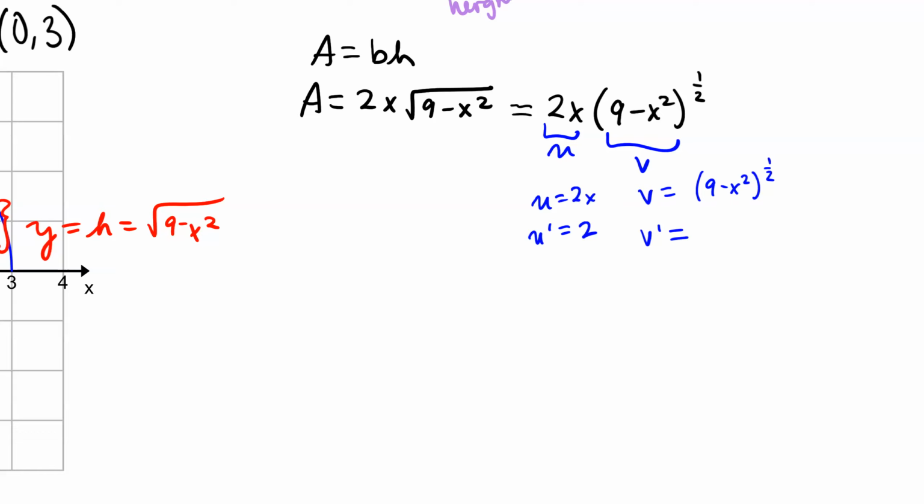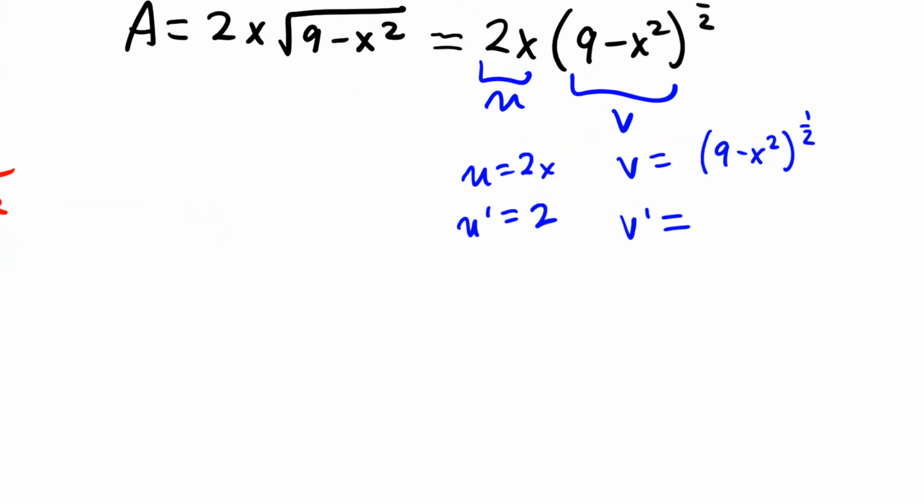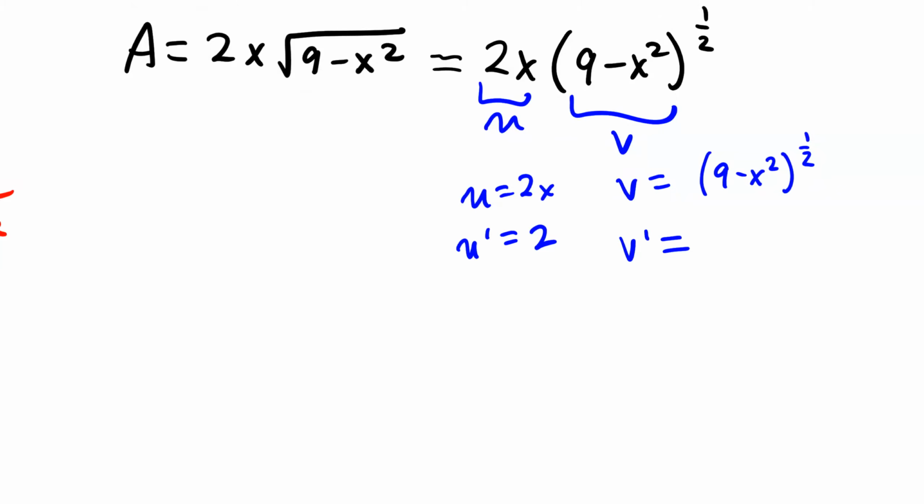I'll pause here and make sure we're all together when I'm finding v prime. Okay, so I'm going to use the power rule, bring down the 1/2, rewrite the inside, minus 1, so it's the negative 1/2, and then times the derivative of what's inside, so times negative 2x.